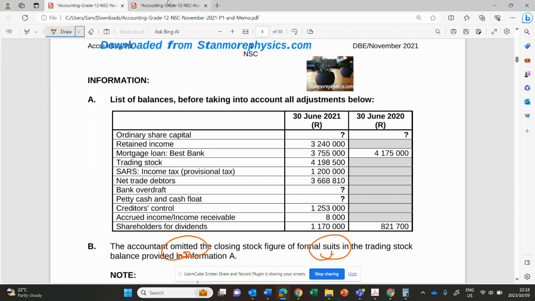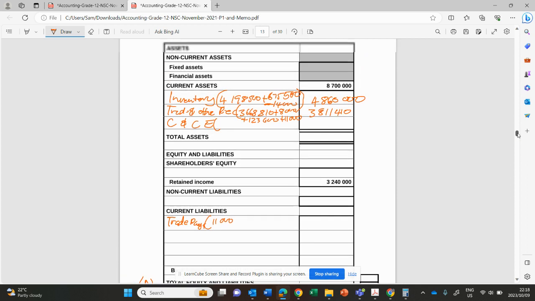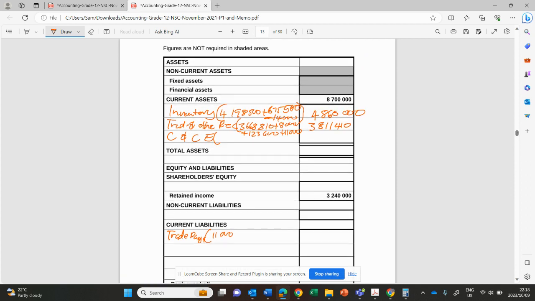So now we are having the total here. In order to get the cash and cash equivalent, we can see current asset of 8,700,000, then minus 4,863,000, and minus 3,811,410.